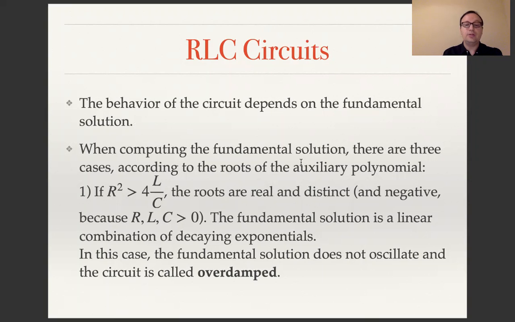And when computing the fundamental solution, there are 3 cases according to the roots of the auxiliary polynomial.